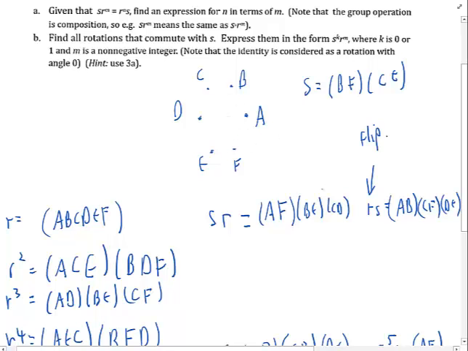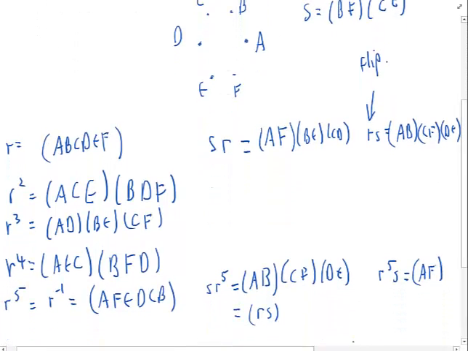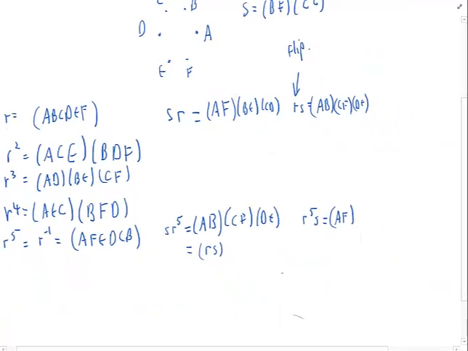So that's going to take B to E and C to D. Let me just unzoom a little bit. Okay, so that's A to F, B to E, C to D, and that's equal to SR. All right, so you have SR to the fifth equals RS, and R to the fifth S equals SR.